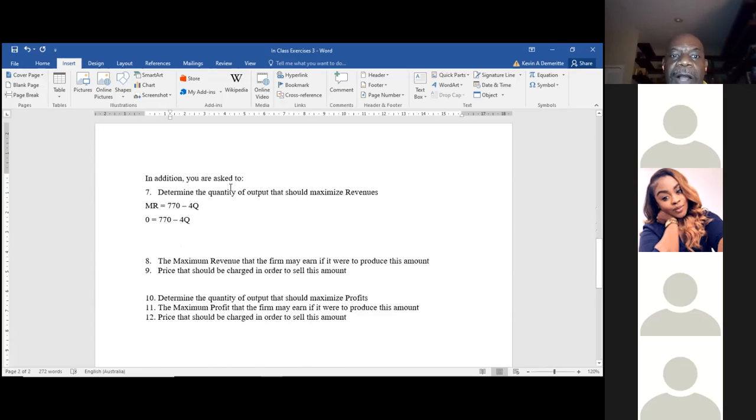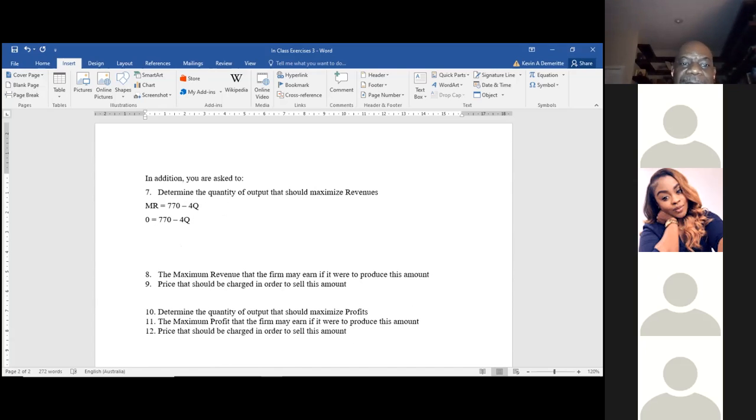So according to our notes, we set our marginal revenue equation equal to 0 and solve. All right. Once we have it like this, what's the next step? Solve for Q. And how do I go about doing that? It doesn't tell us what Q is.